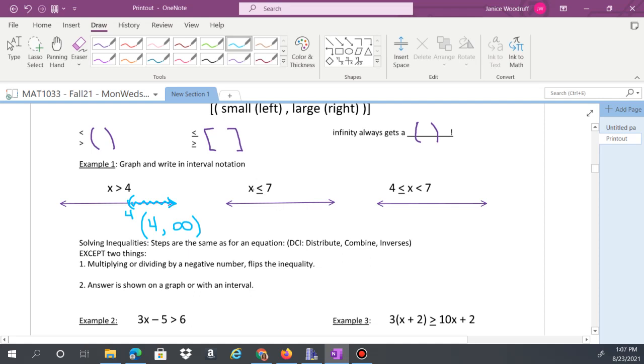Okay, then the next one you have x is less than or equal to 7. So here's 7. Because of the or equal to, it will get a bracket. The bracket will point to the left because that's which way our inequality is pointing.